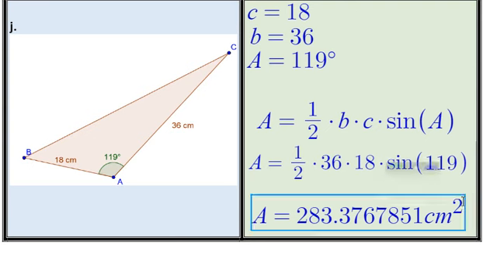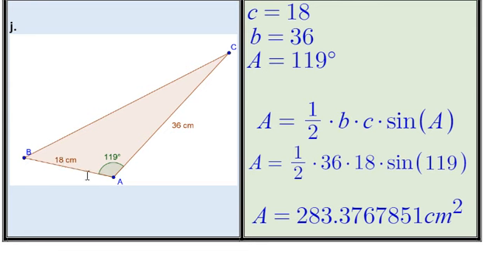And that's how we use the area formula to calculate the area of a triangle if we know side, angle, side. We know the two sides and the angle in the middle. If for some reason we don't know the angle in the middle, we may have to be a little more creative with some other geometry to figure out what that angle in the middle actually is.